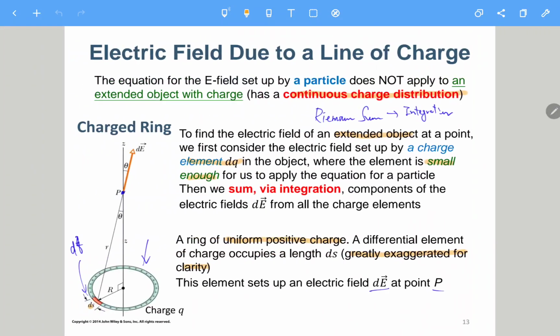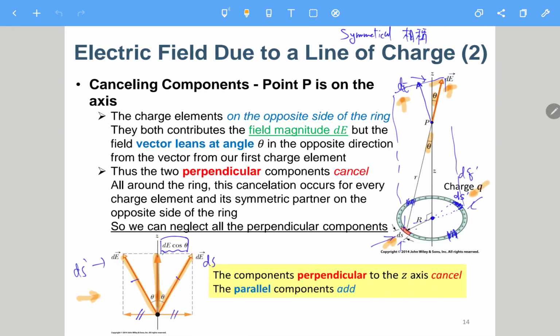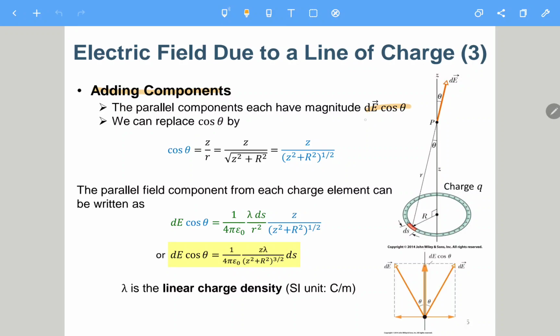The known variable is that this z is known, because we consider the distance from the center point to the desired point. Lowercase r might not be a known variable, but capital R can be. Capital R and z are known variables. So we try to express this in terms of the known values.